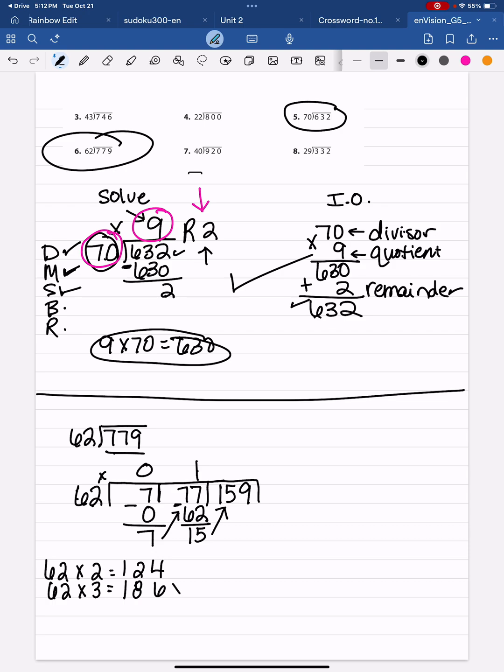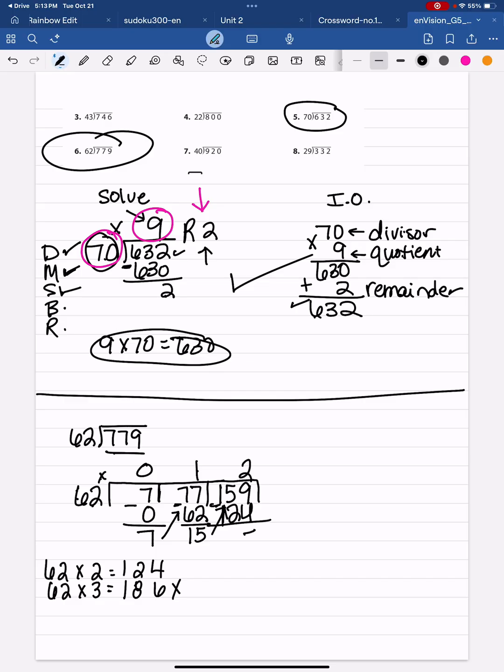This one is too big. So the closest we can get without going over is 124, which is 2 times. Now we multiply the 2 times 62, which is 124, and then find the difference of 159 and 124.